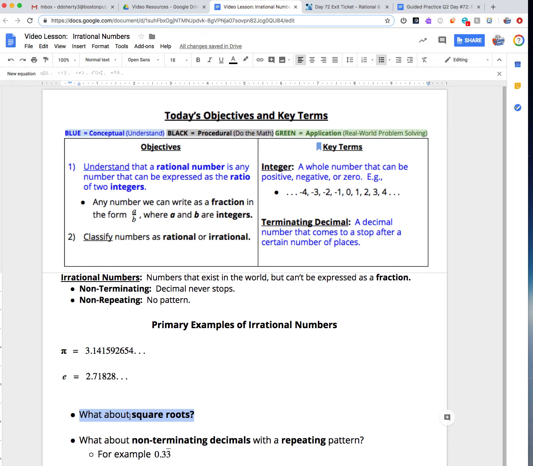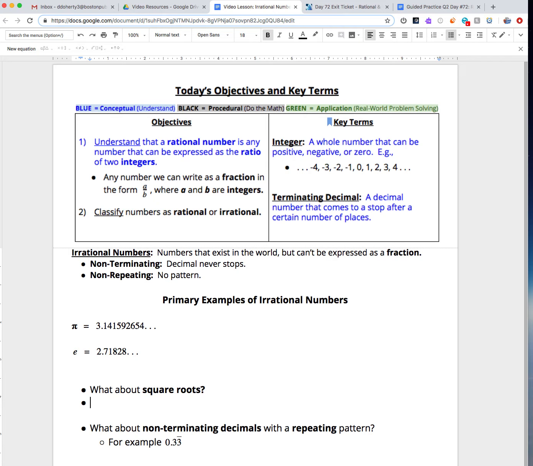Pause the video and think about what happens if I have square roots. Will square roots be rational numbers or irrational numbers? Welcome back. Hopefully you were saying for square roots, well, it depends. Some square roots are going to be rational.